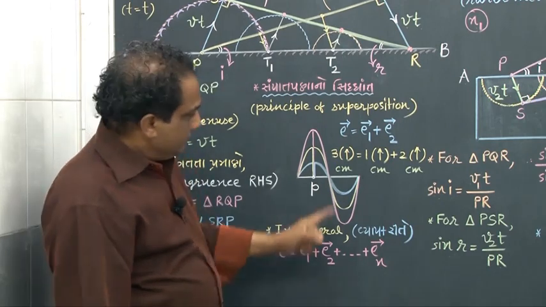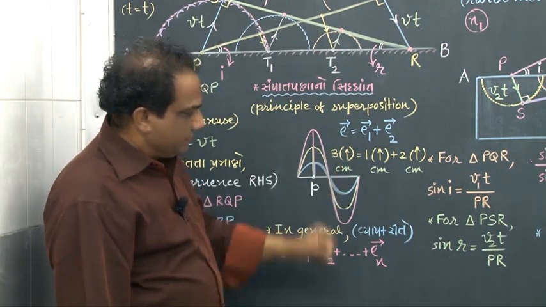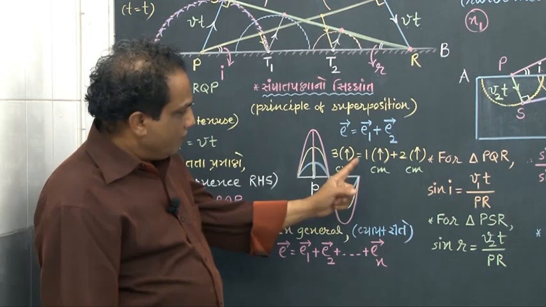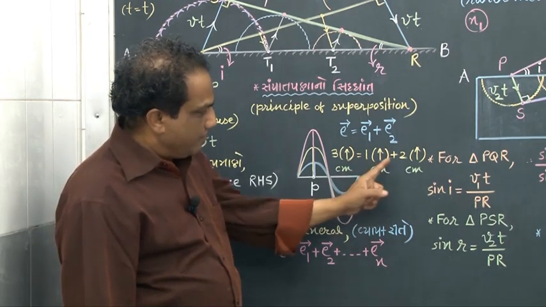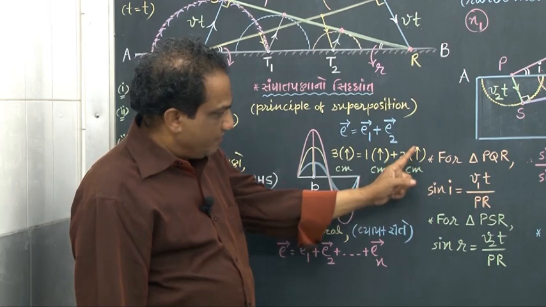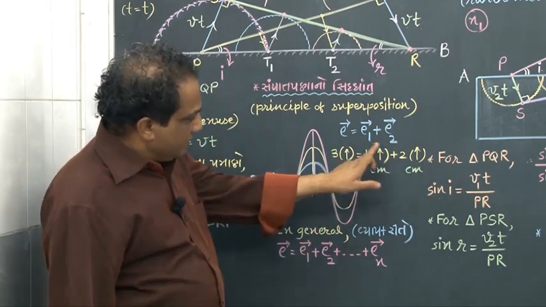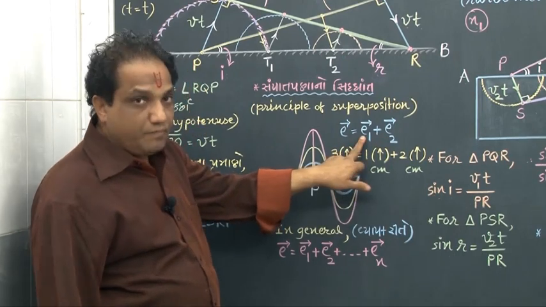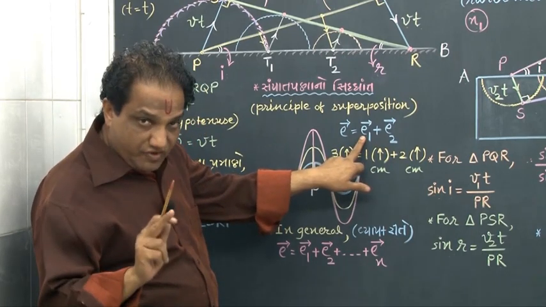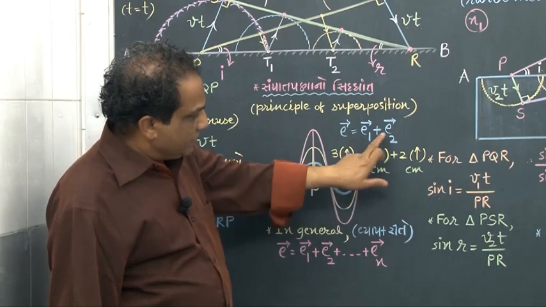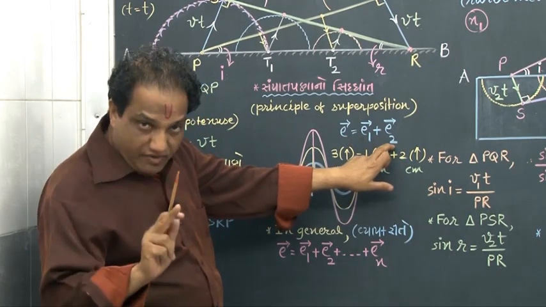Now tell me, this 3 centimeter in upward direction, can't you write this way? 1 centimeter in upward direction plus 2 centimeter in upward direction. Can you write? Yes. Now this is nothing but the displacement produced by only the first wave. This is nothing but the displacement produced by only the second wave.